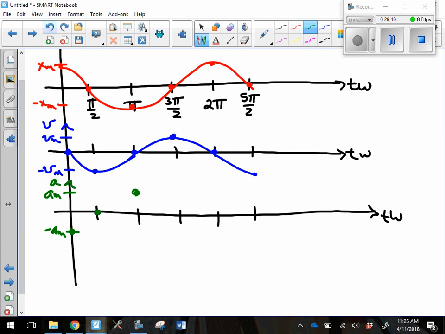When omega t is equal to 3 pi over 2, what am I going to get? 0. When I get to 2 pi, omega t, negative AM, and then 5 pi over 2 is going to bring us back there. So we get something that looks like that.